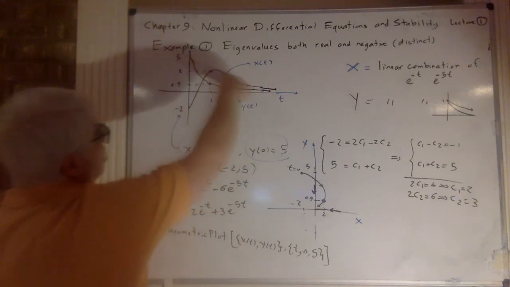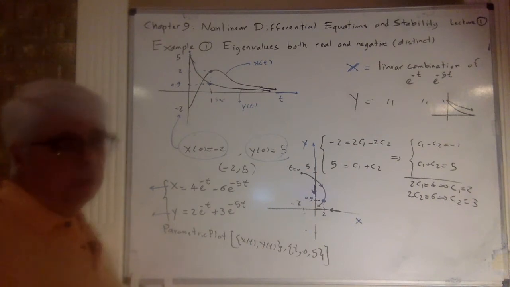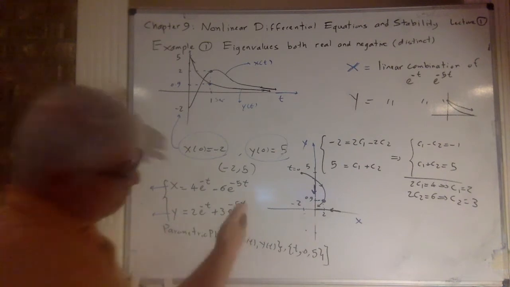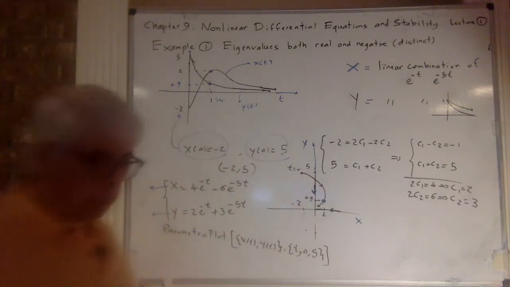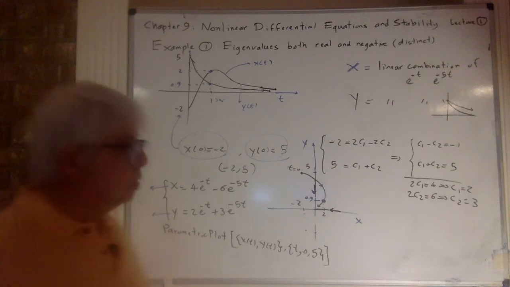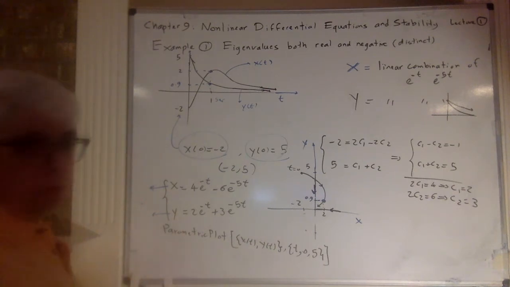Both x and y are quantities of the system, like if the system is a particle that is moving, those are the x and y coordinates of the particle. So those two are going to 0.